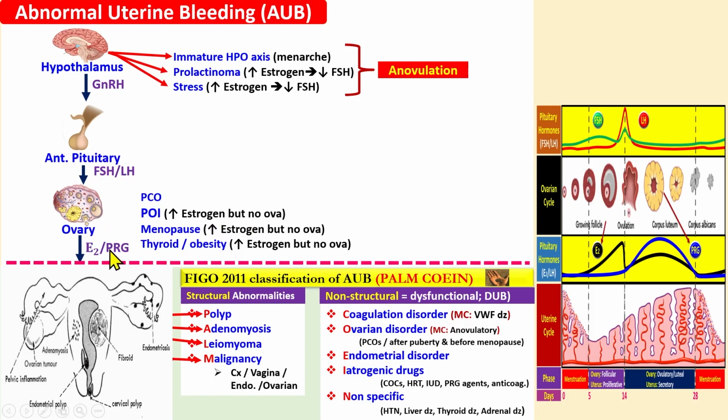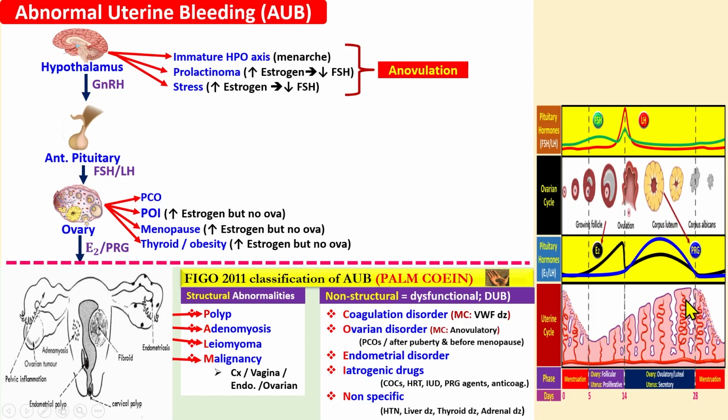so it can cause increased estrogen but no ova, and that can cause abnormal uterine bleeding. Also around menopause there is sometimes increased estrogen that is not associated with the ovary but with other problems like thyroid diseases or obesity, other causes which increase estrogen, but there is no ova. These conditions all increase estrogen, which increases the endometrium, so the endometrium sheds abnormally, because for normal shedding progesterone should be present.